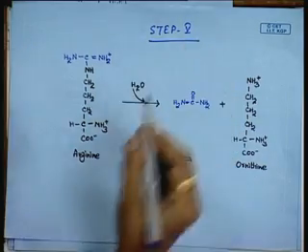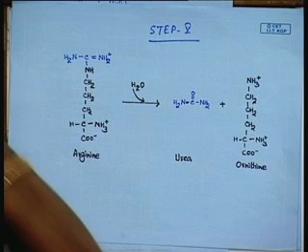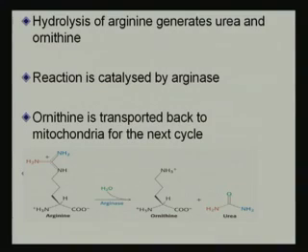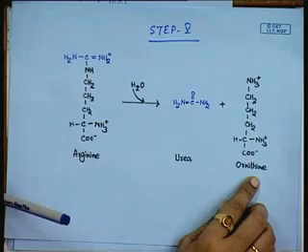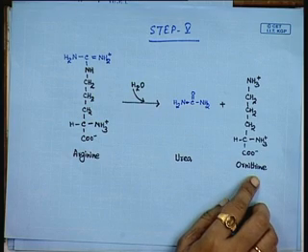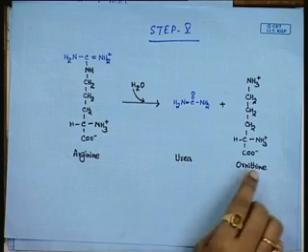What is happening? This arginine, in the presence of the enzyme arginase, is getting converted to urea and ornithine. Hydrolysis of arginine generates urea and ornithine.